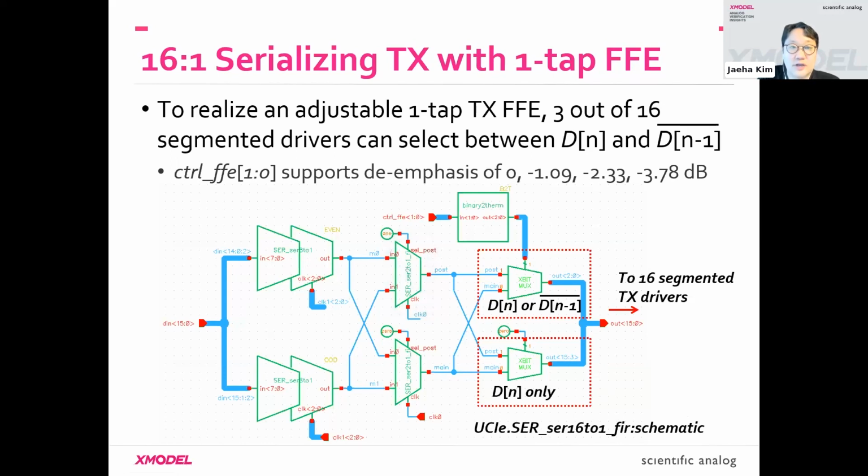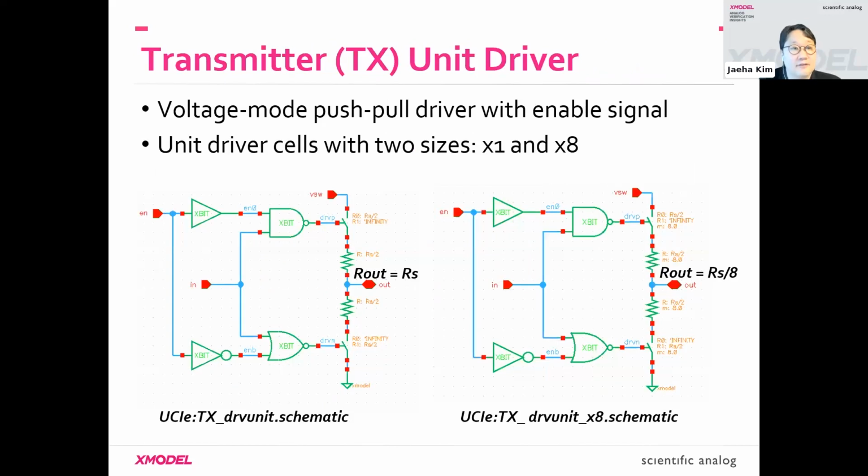Now, that leads to a question of how we do the final driver. The final driver is simply a voltage mode push-pull driver, which is also called the SST driver. It has an additional enable signal so that when the enable is low, it will leave the output floating. It will turn into a high impedance mode. We prepared 2 types of unit driver cells that have different sizes.